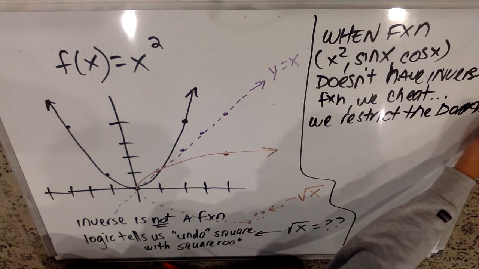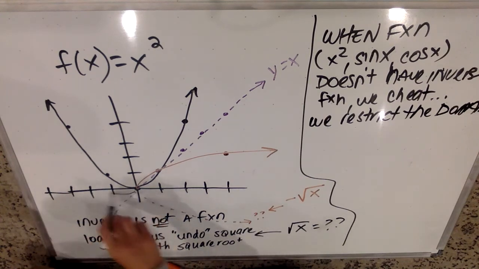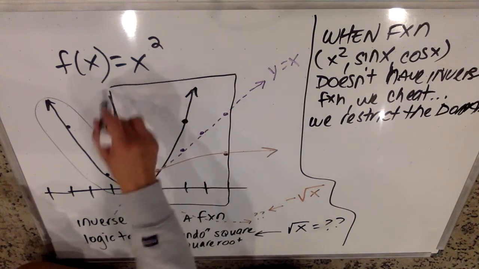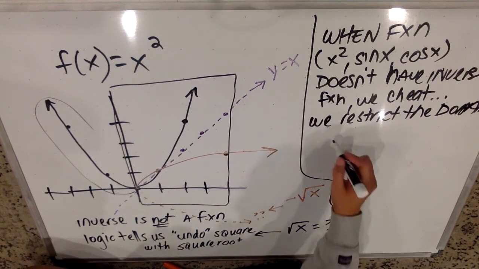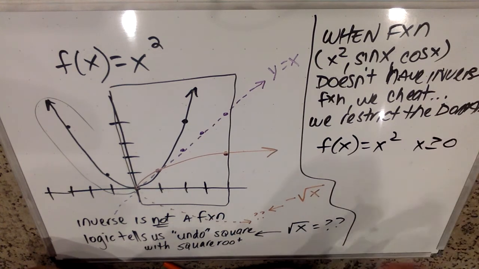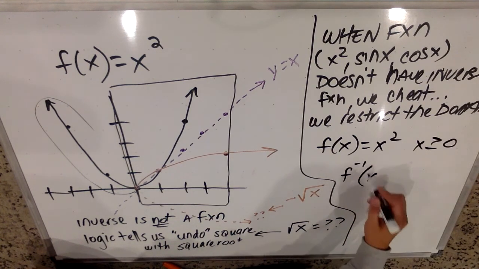What we say is that this chunk doesn't have an inverse function, but if we only look at x values greater than 0, we do have an inverse function. So if we say f of x equals x squared for x values greater than or equal to 0, then we do have an inverse function.